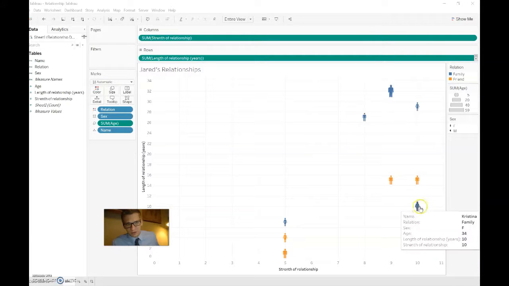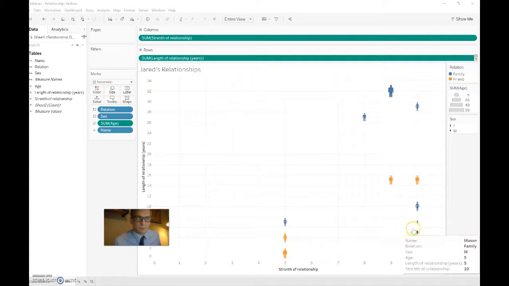They're much smaller than my wife, who they're clustered right next to, at the 10 strength of relationship. And then I wanted to visually see a difference of family and friends, so I color coded the friends gold and family blue. That's about it for the visualization.